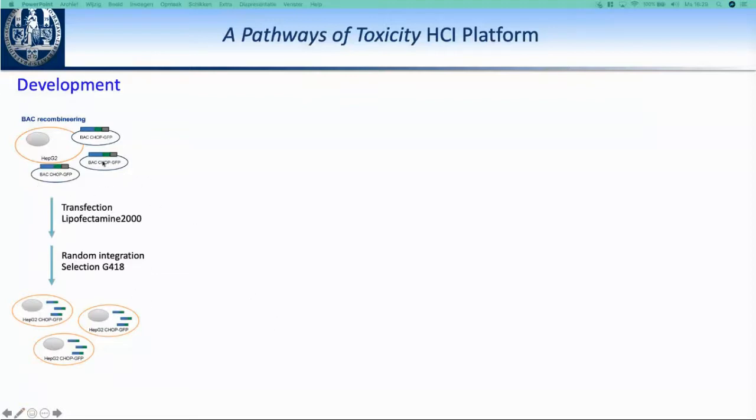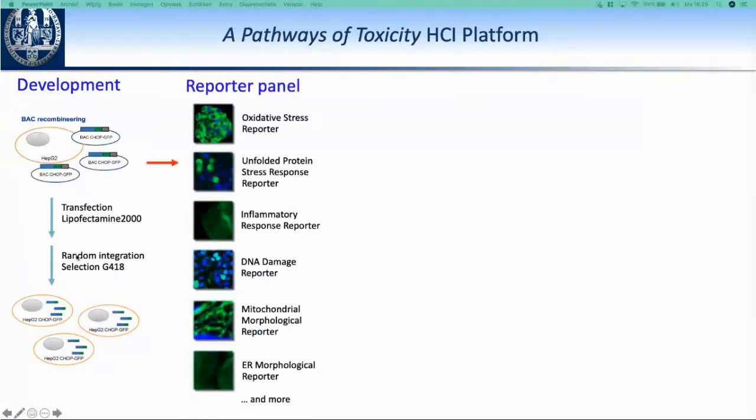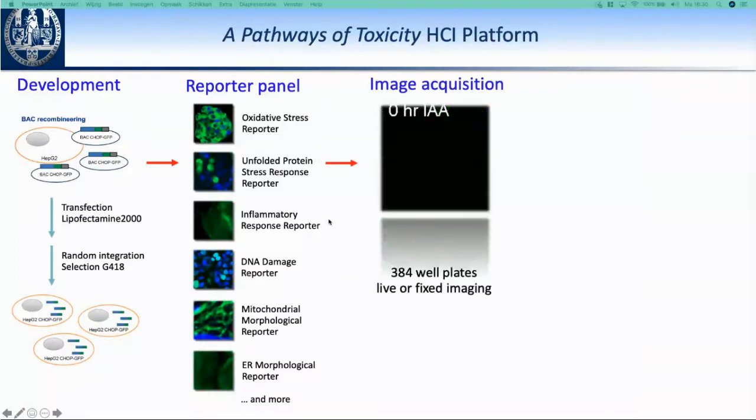Then when a certain stress is inside the cells, we see activation and induction of this GFP fluorophore. We can do this for all different kinds of stress responses, such as oxidative stress, the UPR, inflammation signaling, DNA damage signaling, or other types of stresses, to build up this reporter panel to follow different types of stress upon nanoparticle exposure.